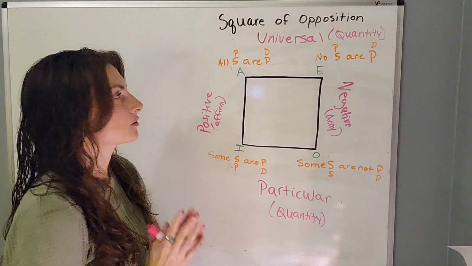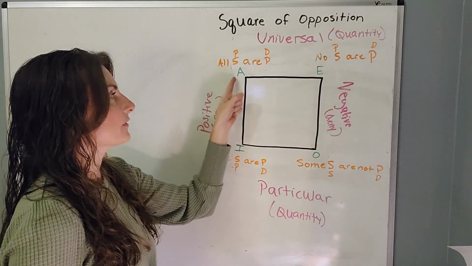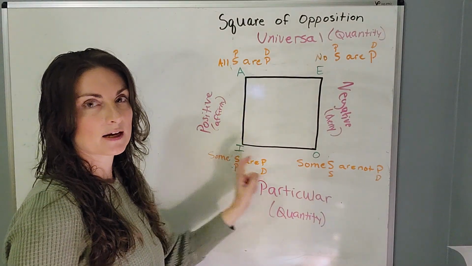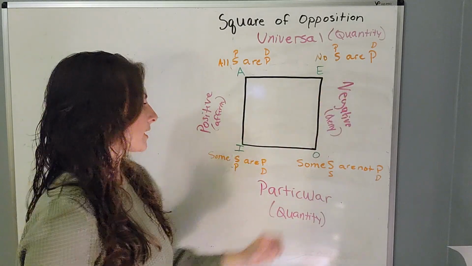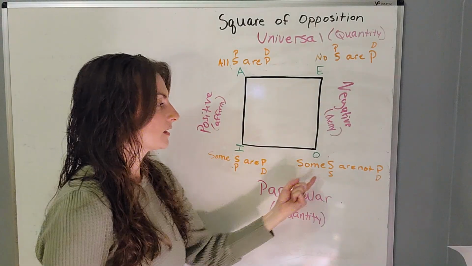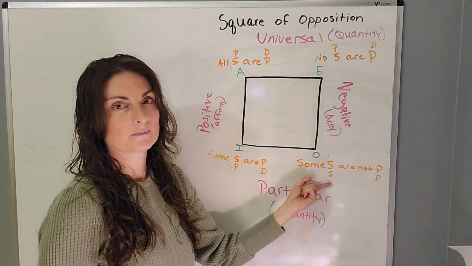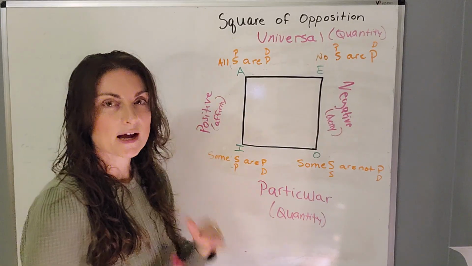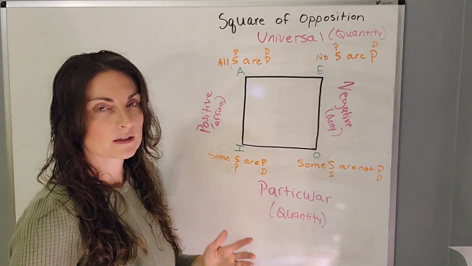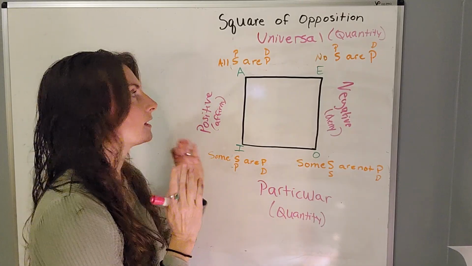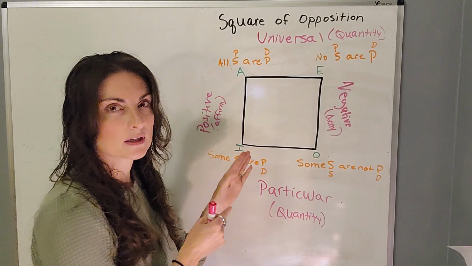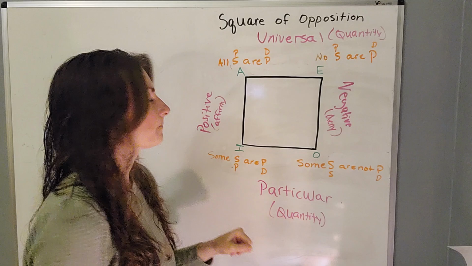Just to recap, we have the 4 statements, A, E, I, O: all S are P, no S are P, some S are P, some S are not P. The subject and the predicate have to be the same in every single one of these sentences, because what we're doing here is looking at the relationship between these statements and these particular classes, and they're not going to change.